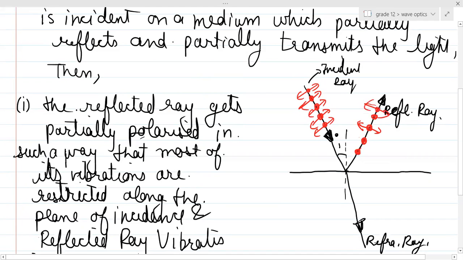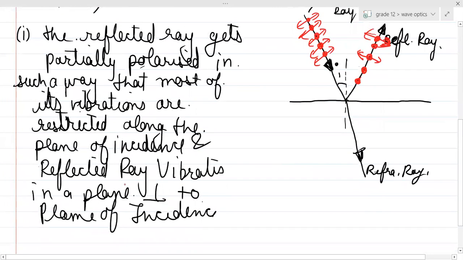Can you see, it's partially polarized, and the number of dots is greater than the number of arrows? Here, what is the most probable plane of vibration? The dots mean perpendicular to the plane in which I am drawing, that is the plane of incidence. Hence, this represents a partially polarized reflected ray. Is this clear? So I wrote, the reflected ray vibrates in a plane perpendicular to the plane of incidence.